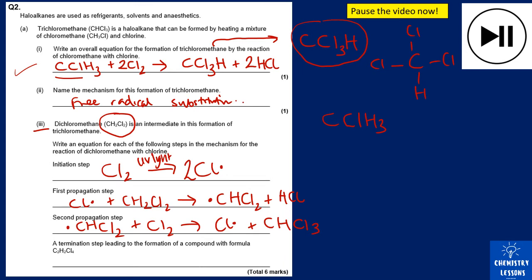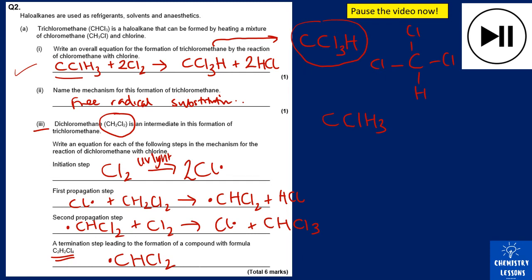And they want a termination step, but they're being quite clear on what they want. They want their chlorination step to be a C2H2Cl4. So how could I make that? What free radicals could come together? And there are a few possibilities here. The most obvious one for me at this point, though, would be a CHCl2.